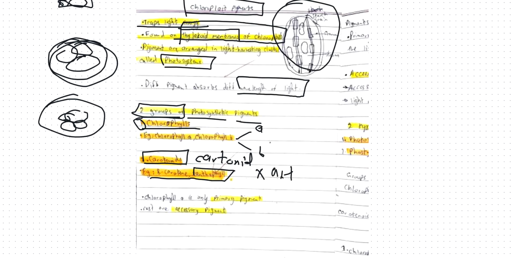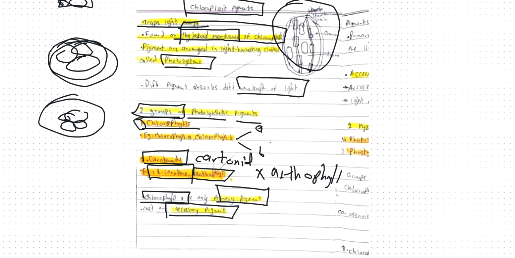So chlorophyll is of two types, A and B. The carotenoid is also of two types, beta carotene and xanthophyll. Chlorophyll A is the only primary pigment. The rest of the pigments are accessory pigments.